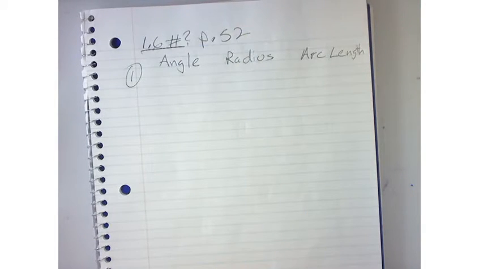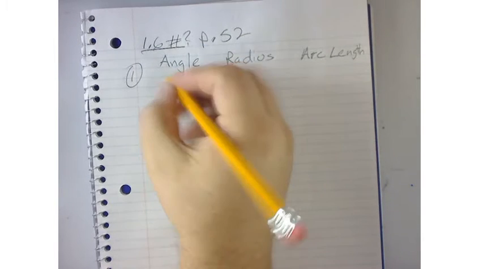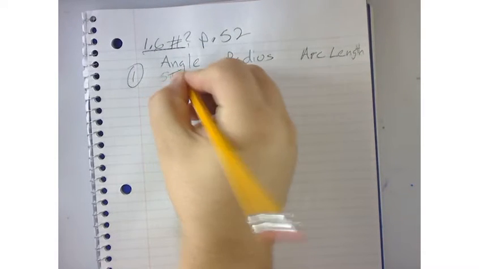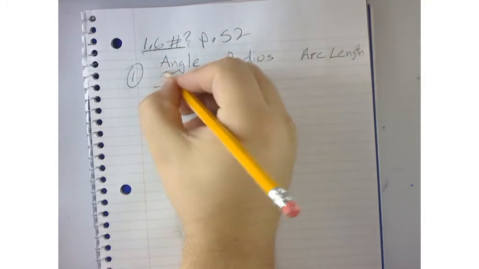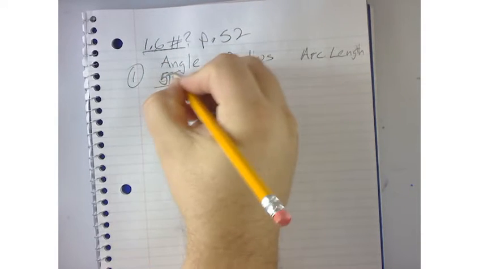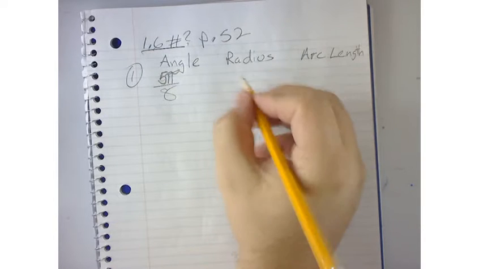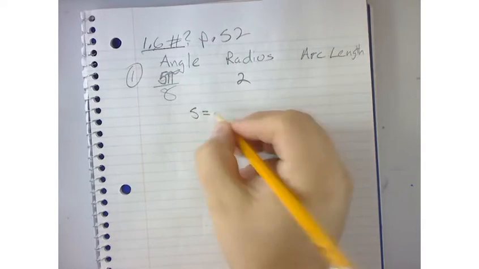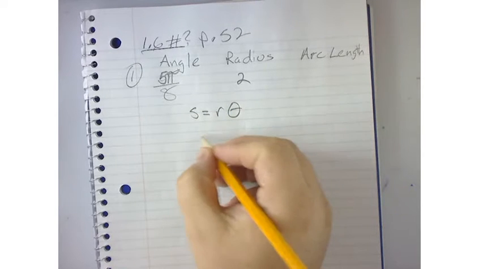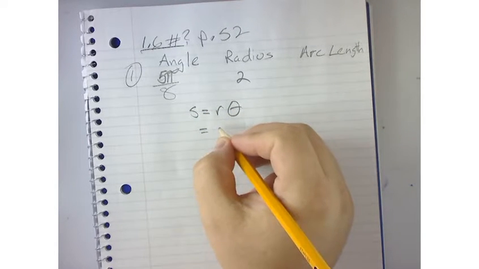I'll do the first one. It's 5 pi over 8. It gives us a radius of 2, and it wants to know the arc length. So remember, it's standing room only. So the arc length is, we don't know.